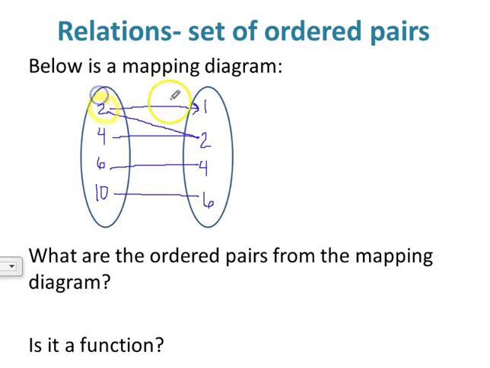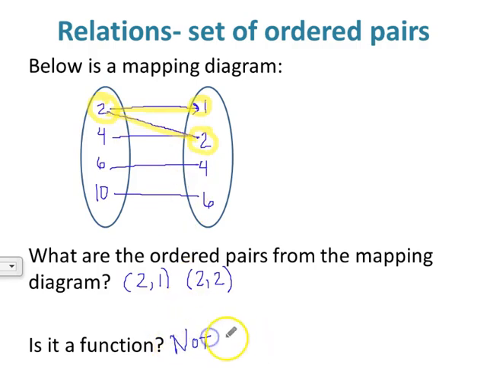So 2 is linked with both 1 and 2. So here we see that this input has 2 different outputs. So 2 can be paired with 1, and 2 is also paired with that output of 2. So because this one input has 2 different outputs, this is not a function.